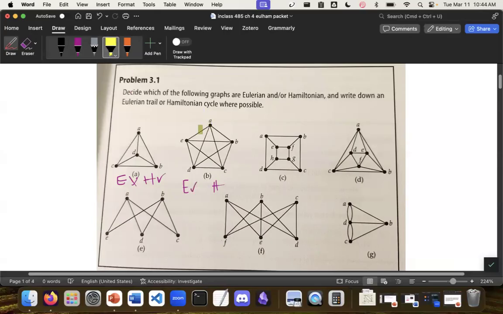Let's see. The one in the book has A, B, C, D, and then back up to, wait, no, around to E. Back up to A. And then we do the star. And then all the way up.